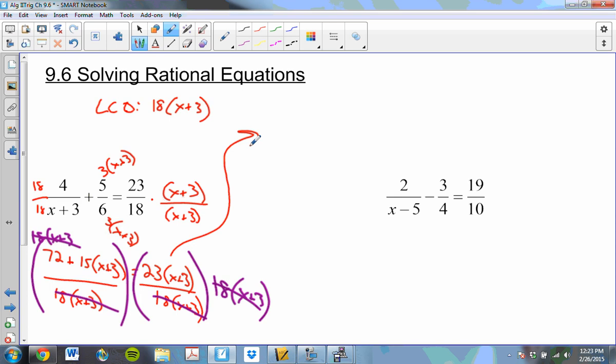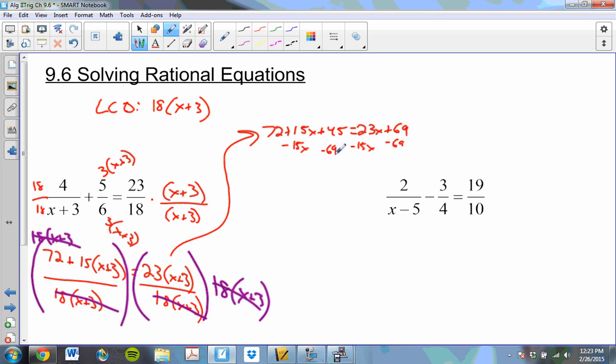and come up here and get real messy real quick. I have 72 plus 15x plus 45 equals 23x plus 69. So I subtract a 15x from both sides, subtract a 69 from both sides.